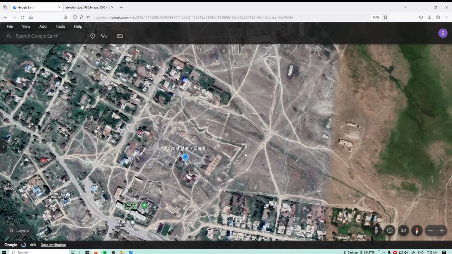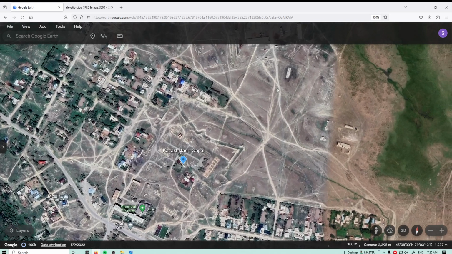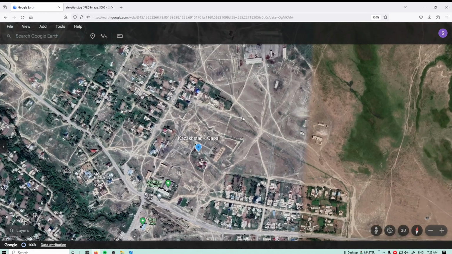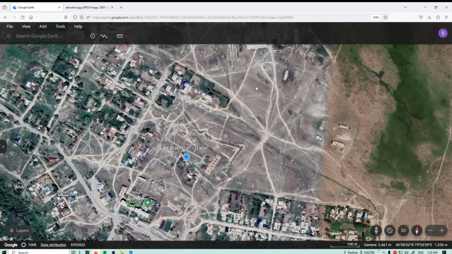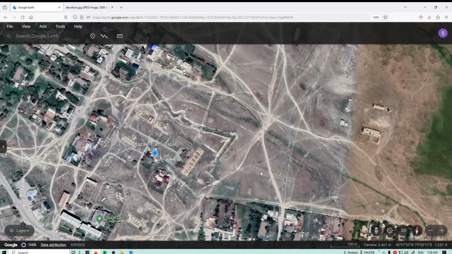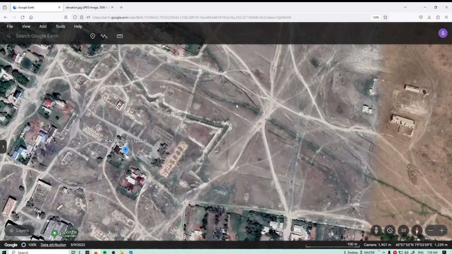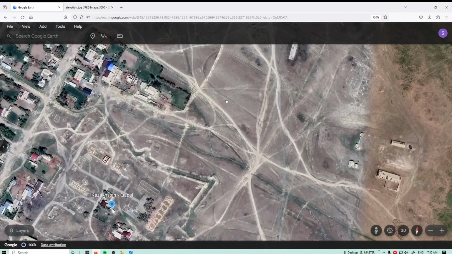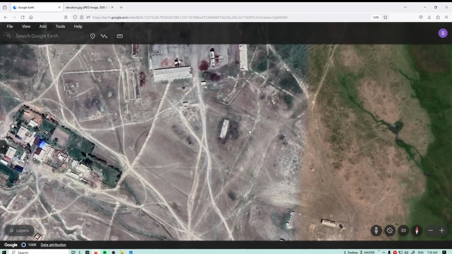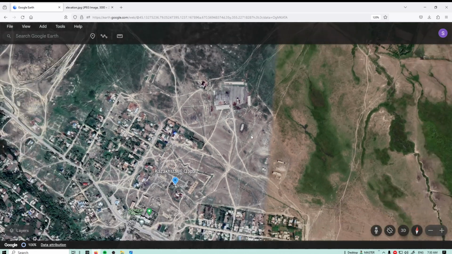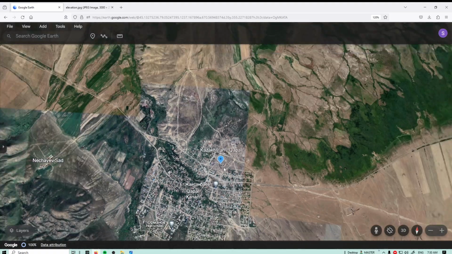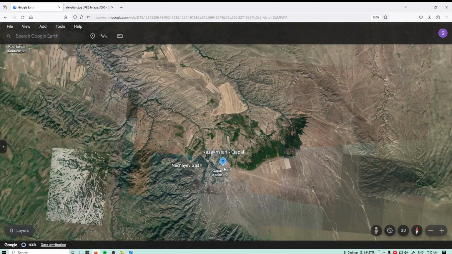Notice this round structure here. It seems to be the same shape as these other lines that we can see there. Okay, so it's just below ground level.